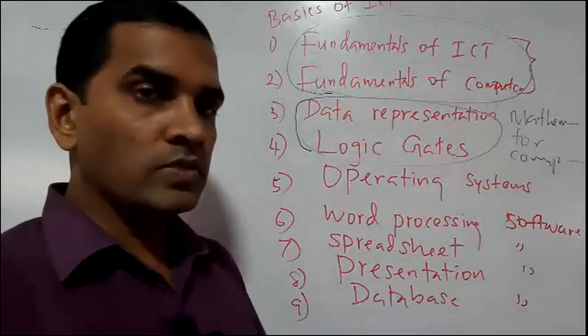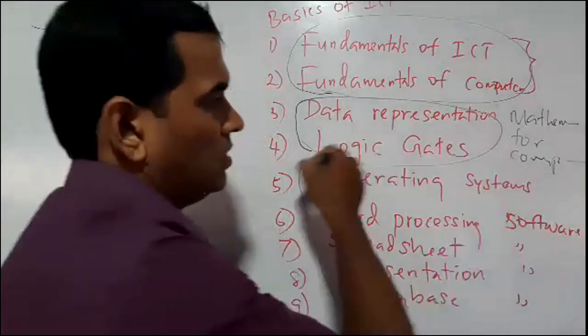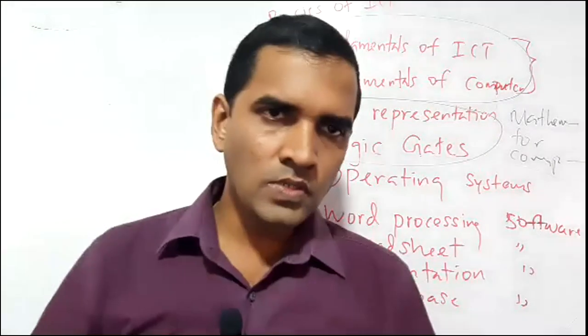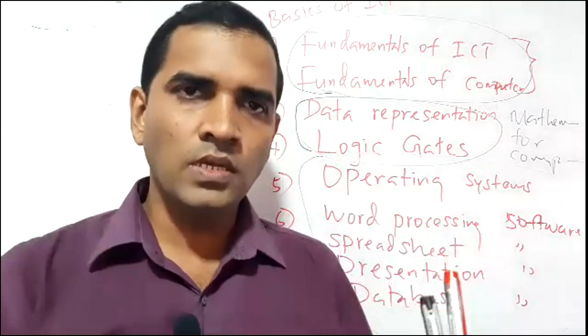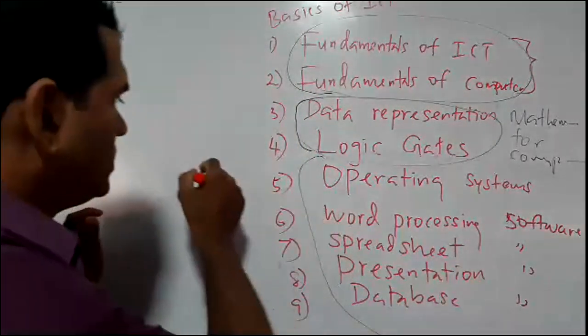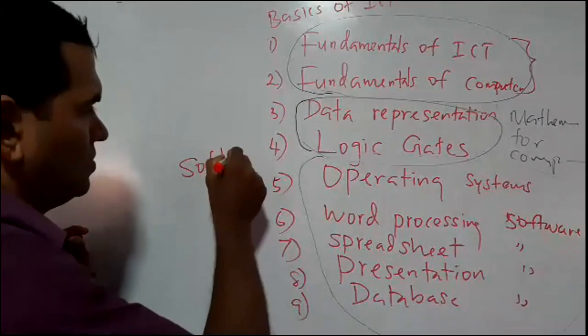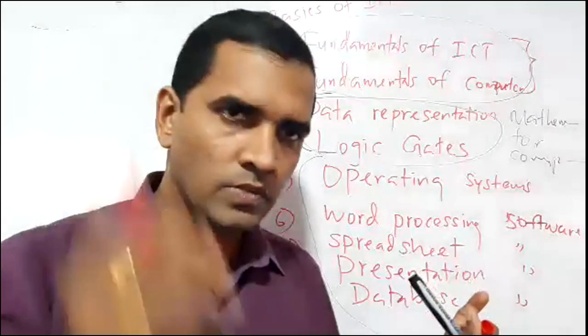The rest of the units, which means unit number 5 to unit number 9, all these units are programs, all related to software. Operating system is one of the software.